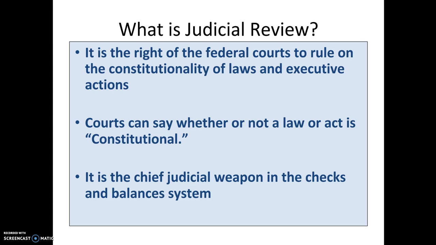So an action can be reviewed by the court. Anything, a president's action, a law passed by Congress, anything like that can be reviewed by the courts. They can look at the action and compare it to what the Constitution says is appropriate, and decide whether or not that action should be allowed to continue.